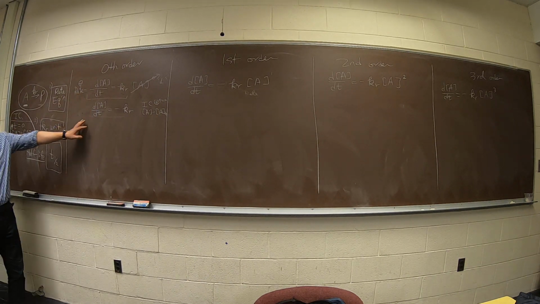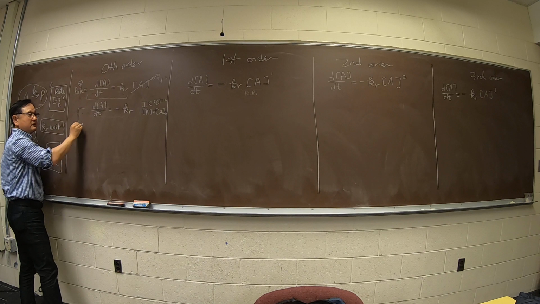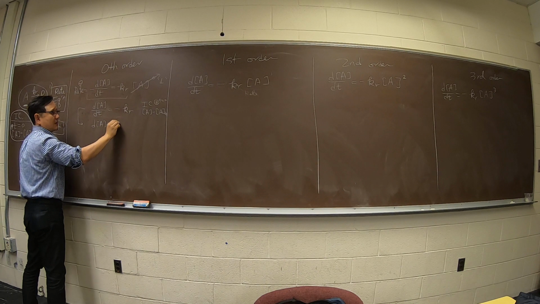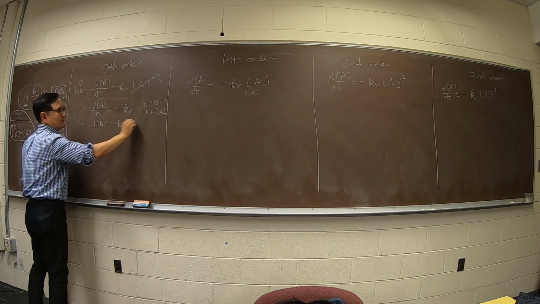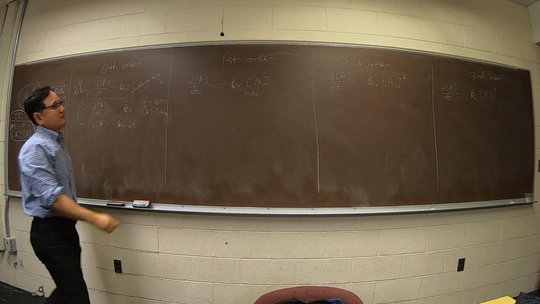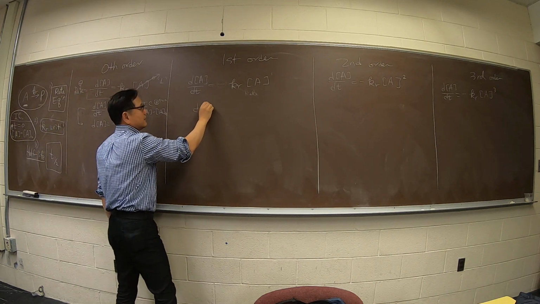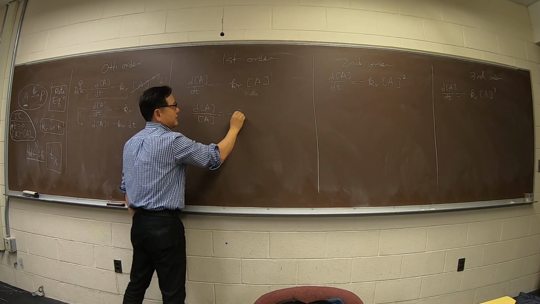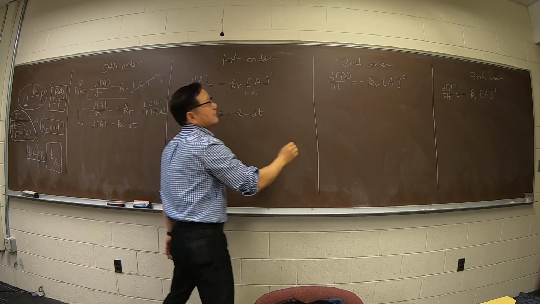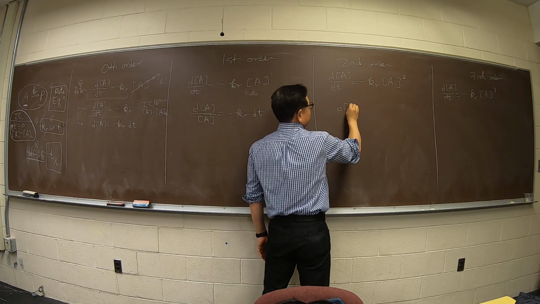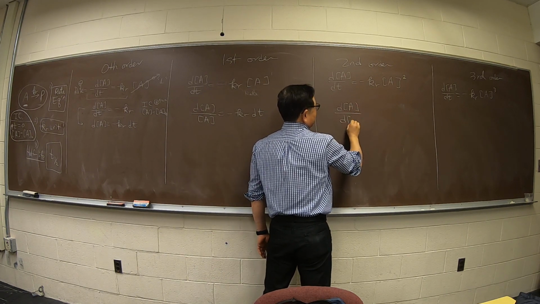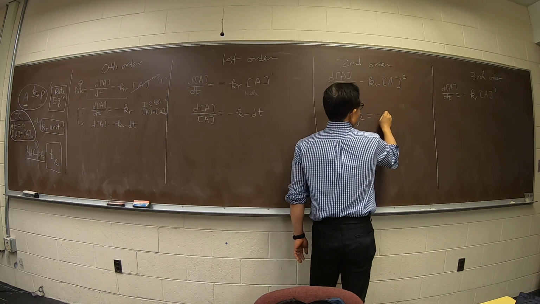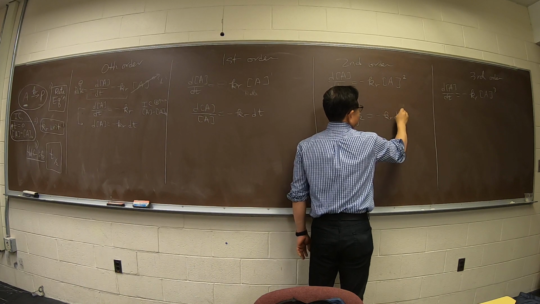For this one, you always do the separation of variables. So dA is minus KR dt. Here too, dA over A is minus KR dt. And here, dA over A squared is minus KR dt.